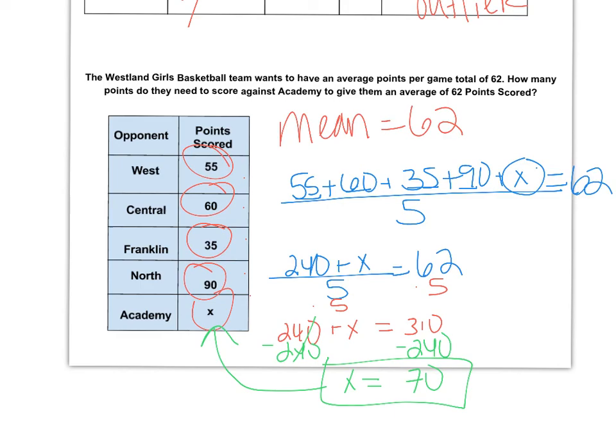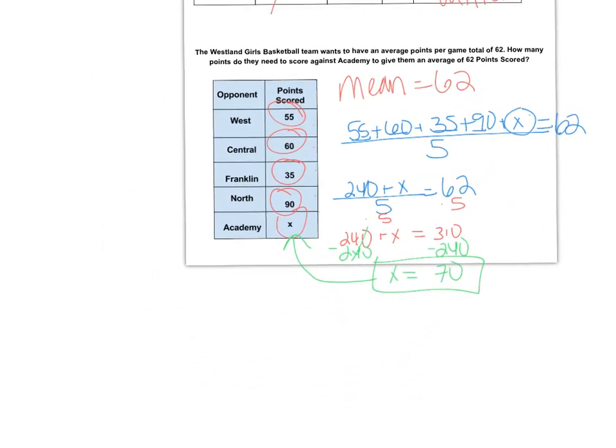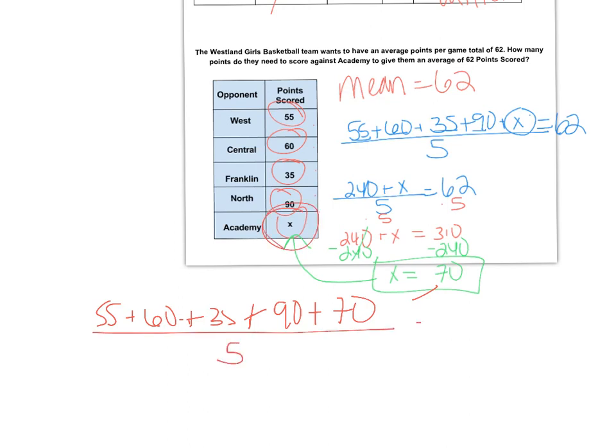62. The best way to check that is to take all of these points, so 55 plus 60 plus 35 plus 90 plus now 70, since we know what this x is, add all that up, divide by 5, and do you get 62?